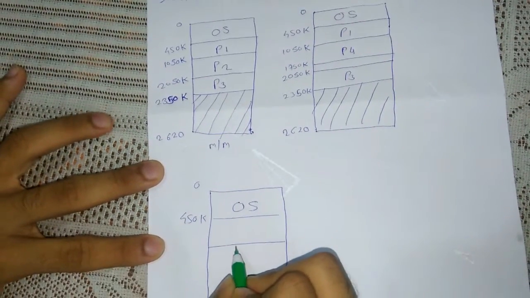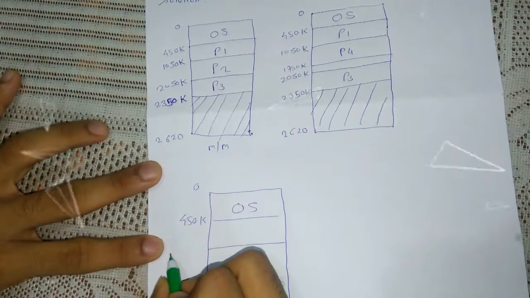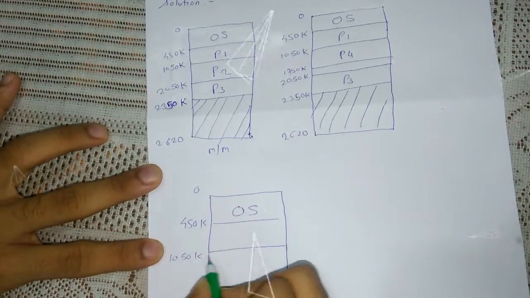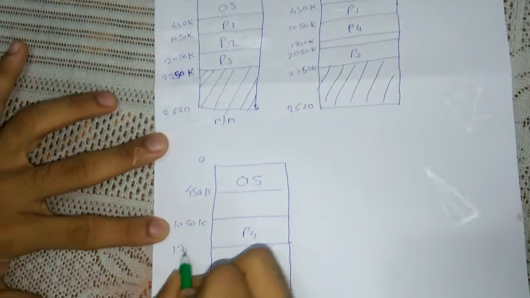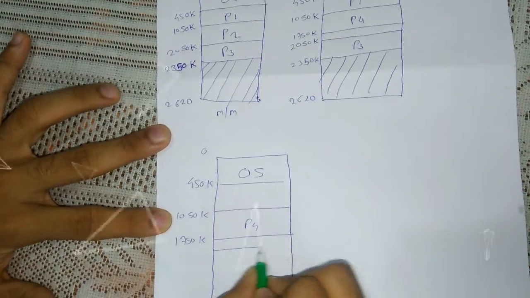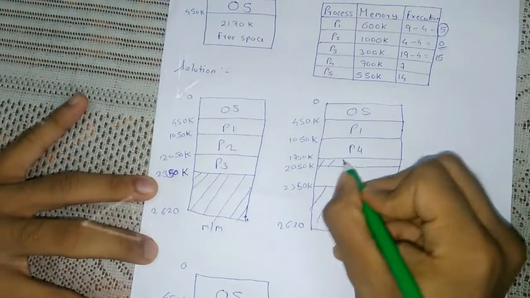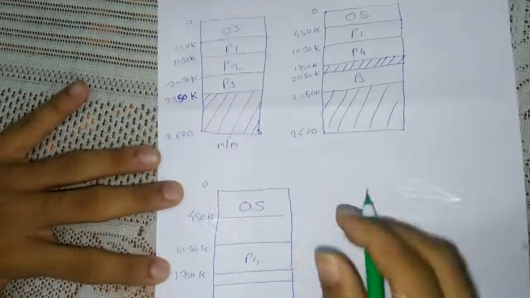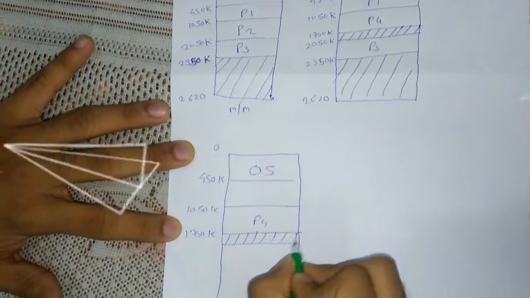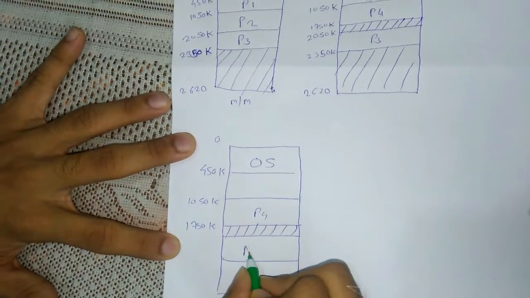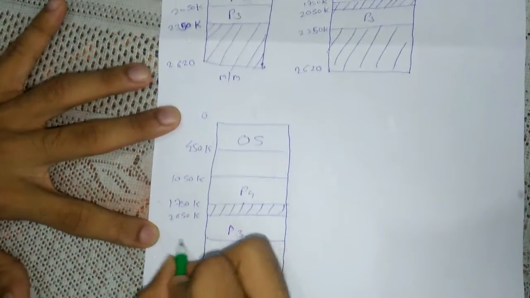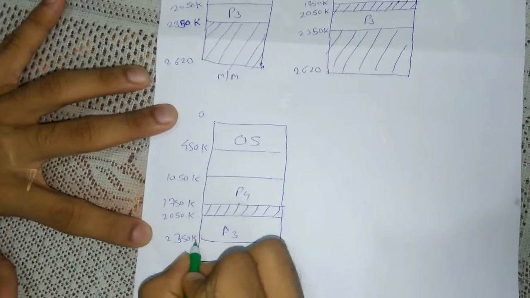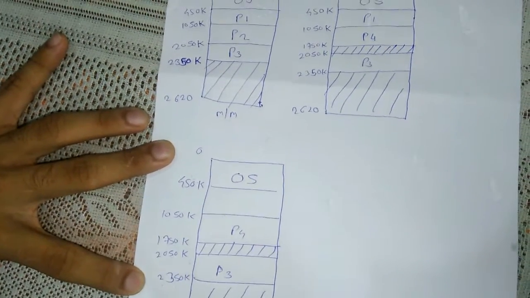Keep the P1 block as it is and write down all the other blocks. 1050K. Here is P4, 1750K. This is unallocated space, so just shade it. Then process P3, and this is again unallocated.